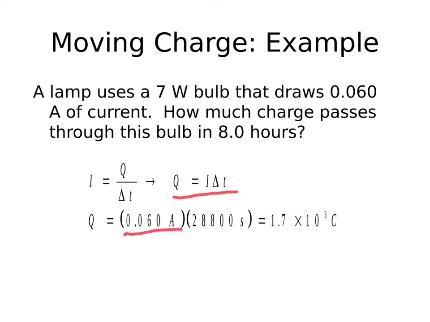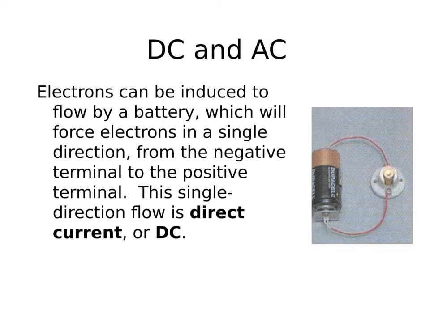So charge is equal to the current multiplied by the time. You'll notice that I've converted the time to seconds because 1 ampere is equal to a coulomb per second. And we get 1.7 times 10 to the 3 coulombs, or 1,700 coulombs of charge is passed through the bulb in 8 hours.